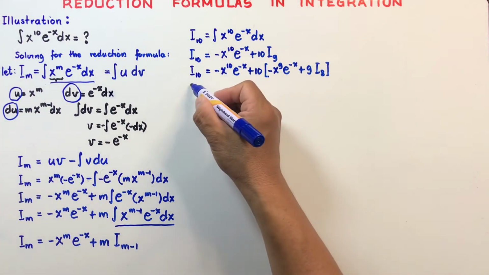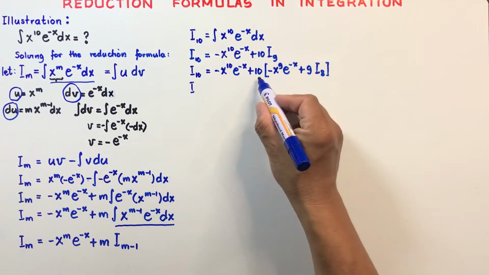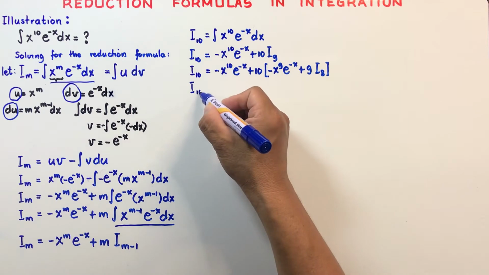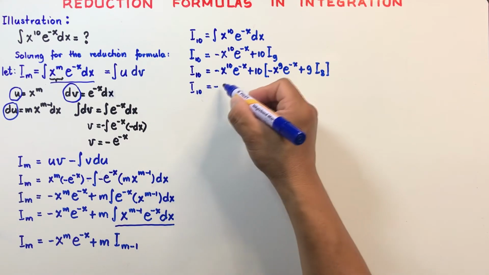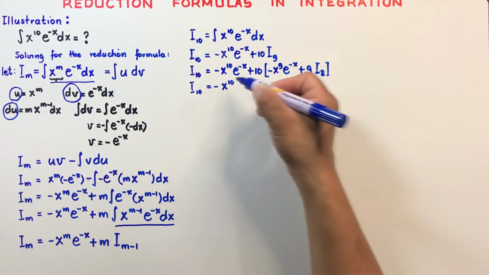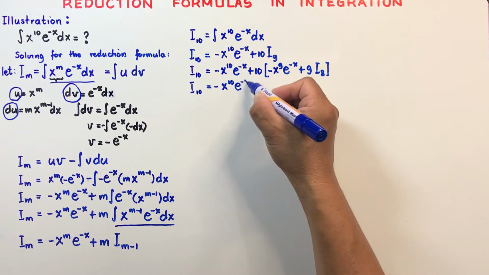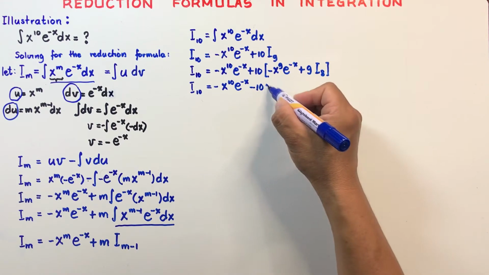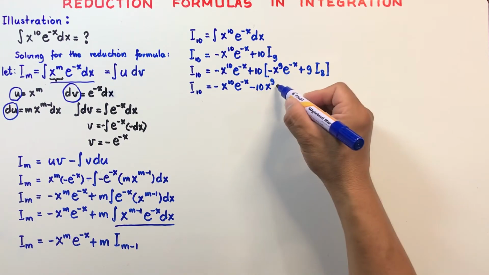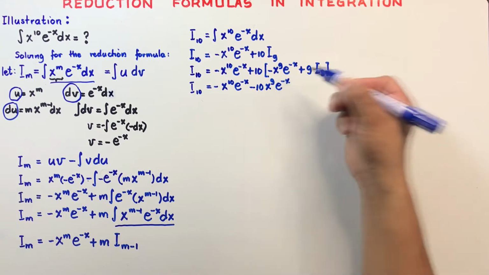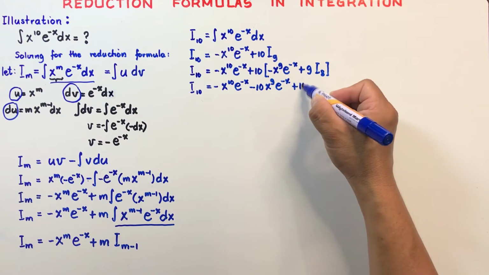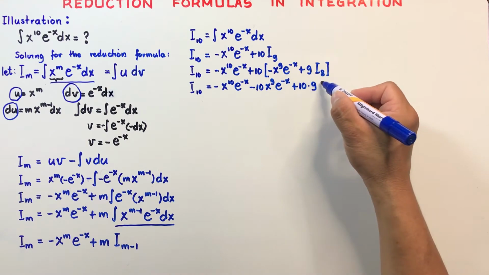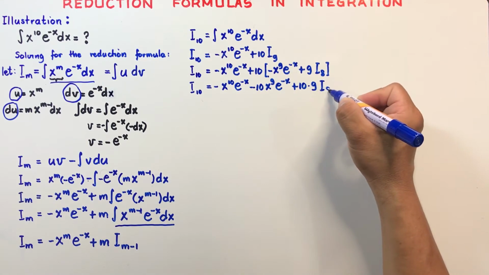So multiplying this 10 to each term inside this square bracket here, we have I sub 10, which is equal to negative x to the power 10 times e to the negative x minus 10 times x to the power 9 times e to the negative x plus 10 times 9, because the 10 will be multiplied to 9 times I sub 8.